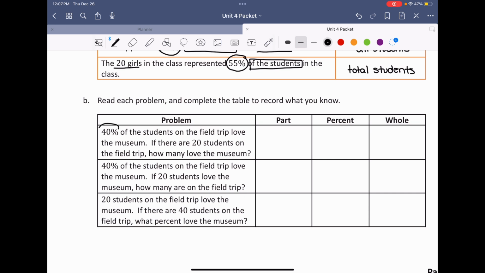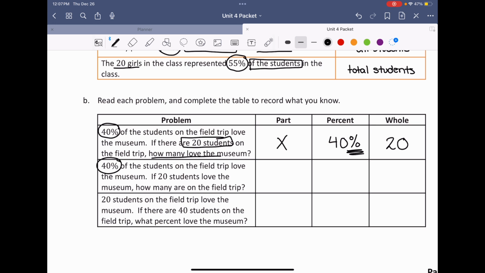All right, so 40% of the students on the field trip. There are 20 students on the field trip, and we don't know how many love the museum. So our part is x, our percent is 40%, and our whole is 20. Make sure when you write your percent, you are writing it with this percent symbol until we put it into the formula, and we'll talk about that later. So 40%.